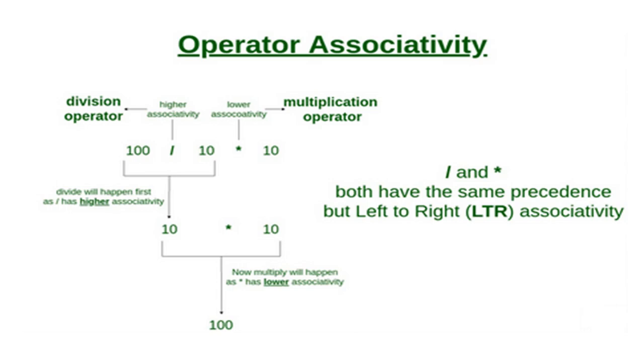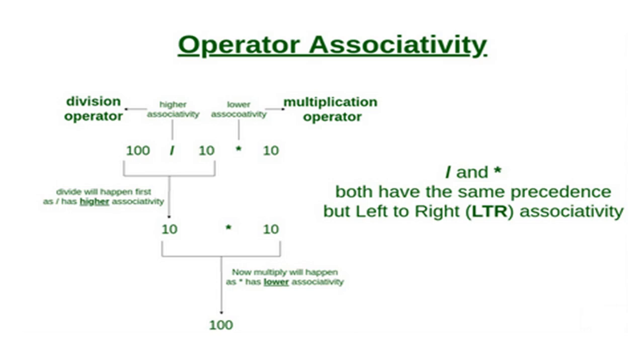So 100 divided by 10 into 10: divide will happen first. It means 100 slash 10 is 10. The value is 10, and 10 will be multiplied with 10. So the result is 100.